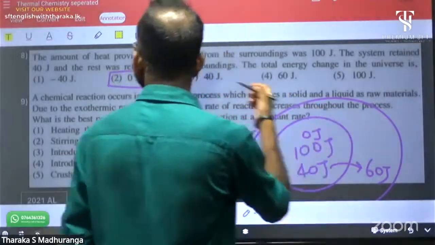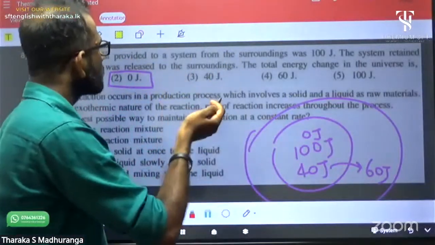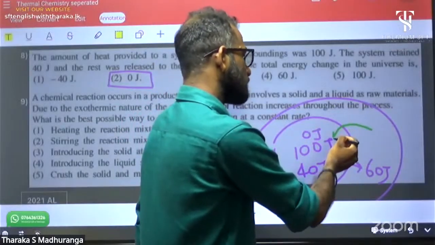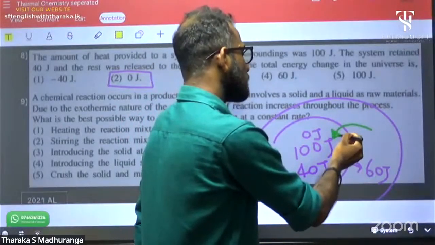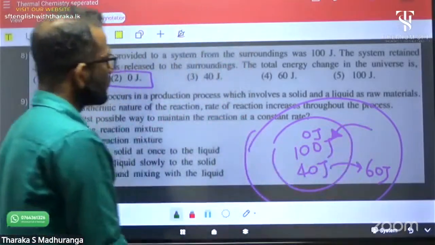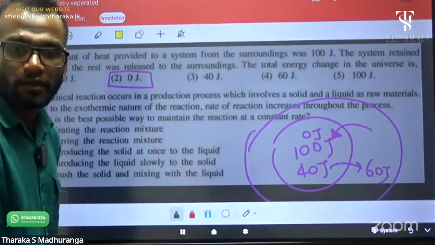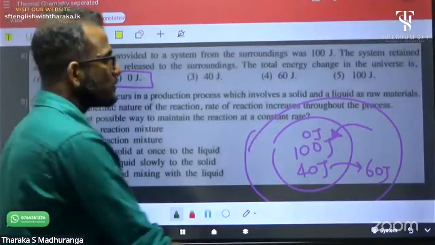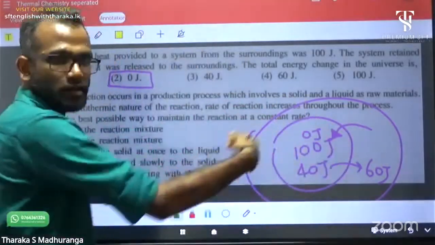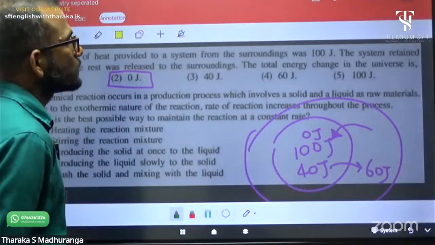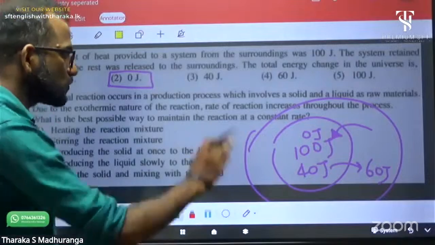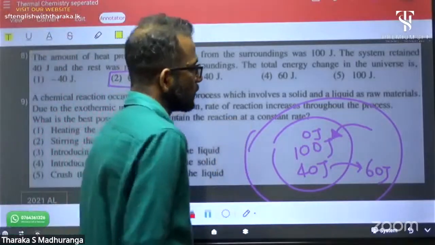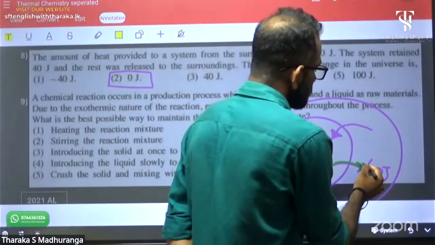Think: initially the heat is provided to the system from the environment, right? 100 joules provided into the system from the environment, and the system retained 40 joules, and the rest was released to the surrounding. 60 joules released to the surrounding.